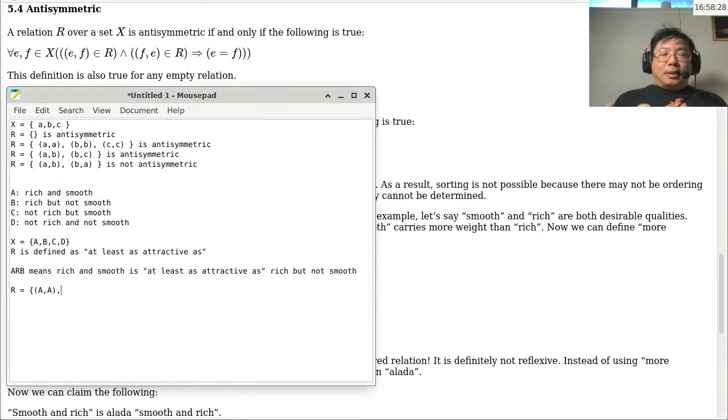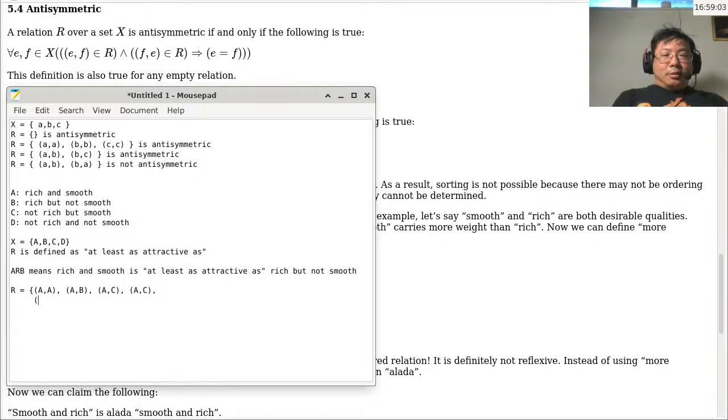That's why AA is in here. Okay, but certainly we get AB, we get AC, and we also get AD. In other words, the category of rich and smooth is at least as good as everybody else. Does that make sense? I mean, using the beer commercial logic. Okay, so this is beer logic. This is not a social norm that we should be promoting, but based on the beer commercial, this is the logic system.